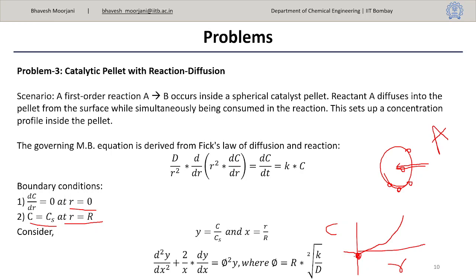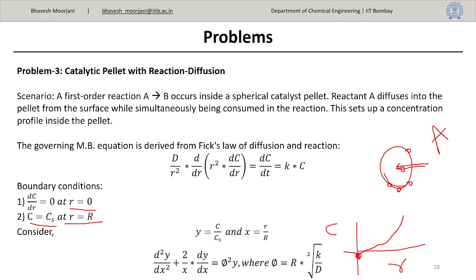One is at r equal to 0, another is at r equal to R, which is the surface. So what are these boundary conditions? One is that your surface concentration is constant, at r equal to R, and at the core, there won't be any gradient in the concentration, so dC/dr is 0.